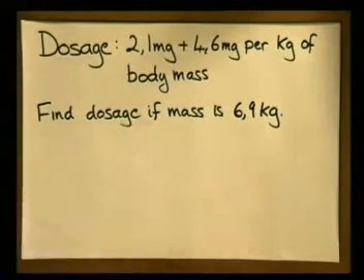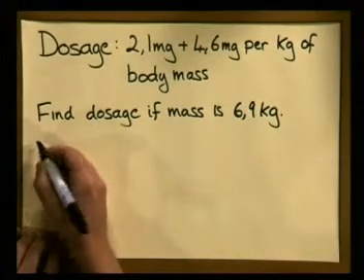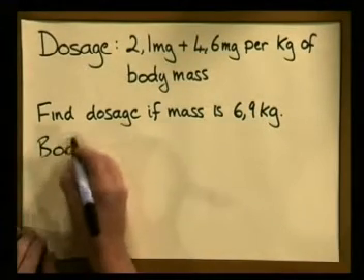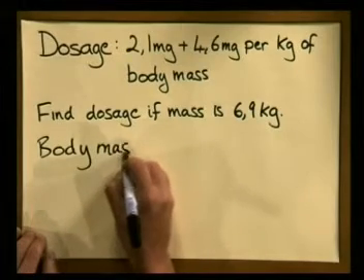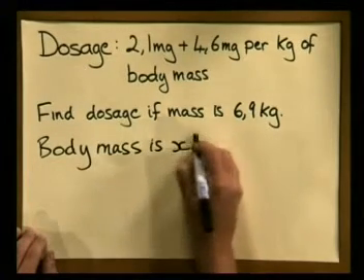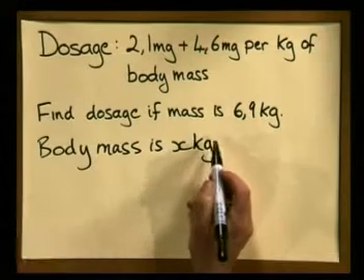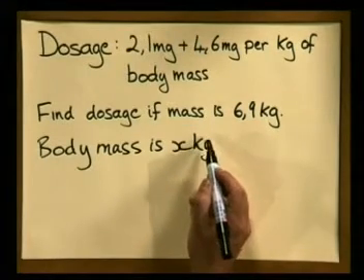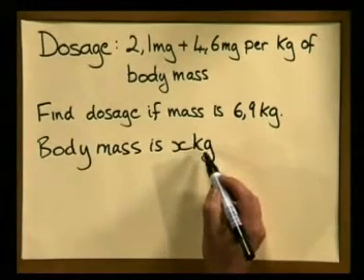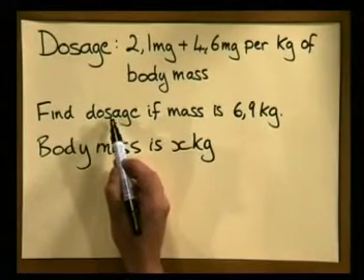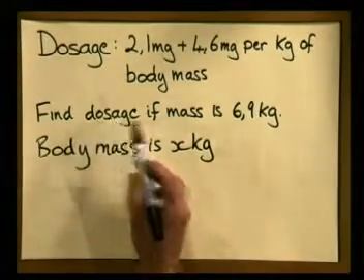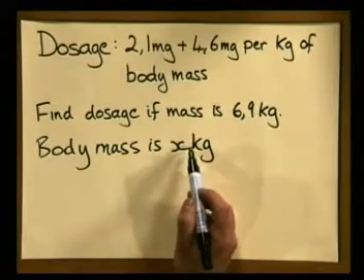So we're going to choose X for our body mass. I'm going to write here that body mass is given by X kilograms. Just note that I'm writing kilograms over here so that I do not need to rewrite it again in the formula. Now the dosage or the output value is dependent on the body mass.